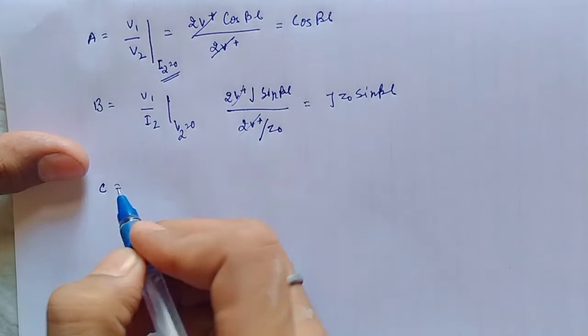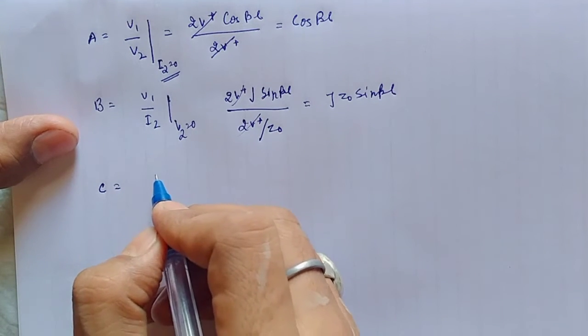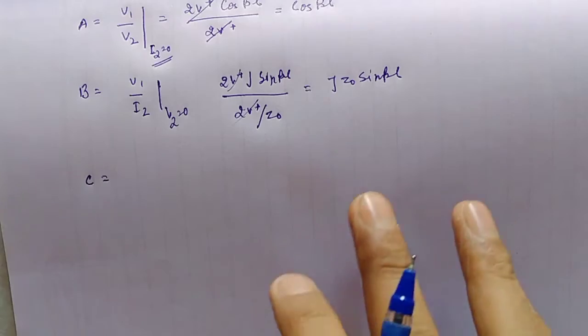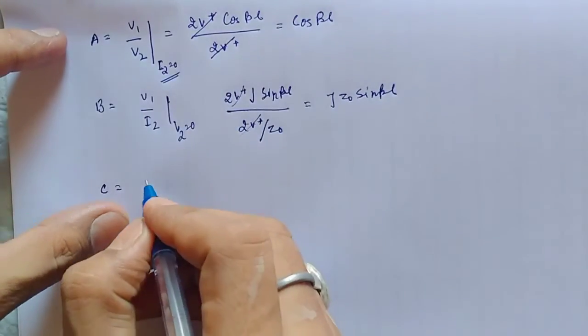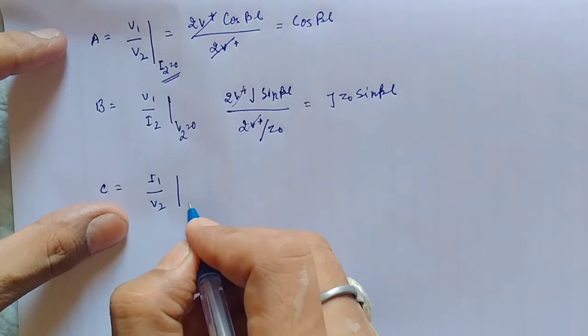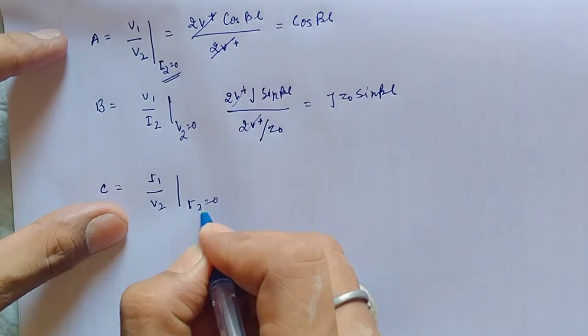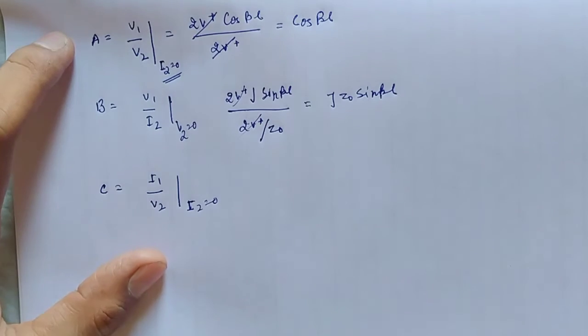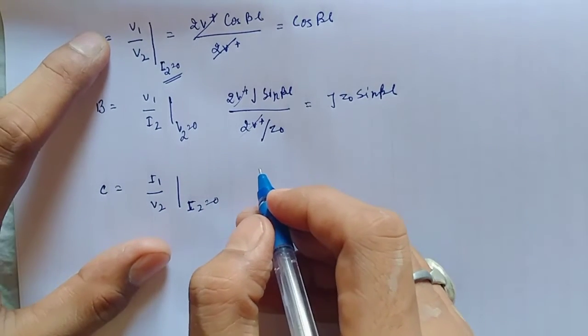Now when I am finding C, C is nothing but I1 by V2, keeping I2 as 0, meaning open circuit condition.